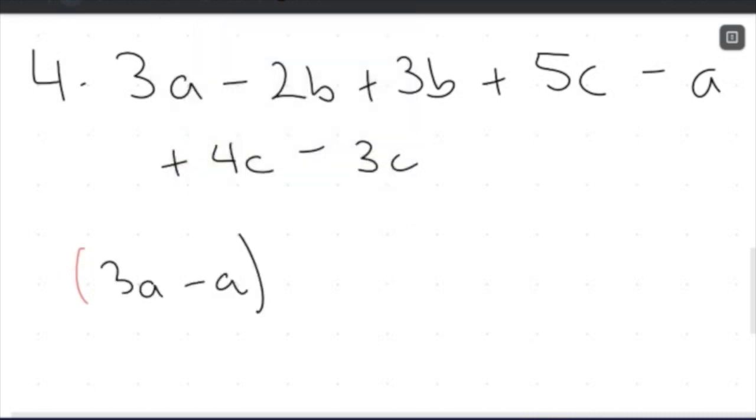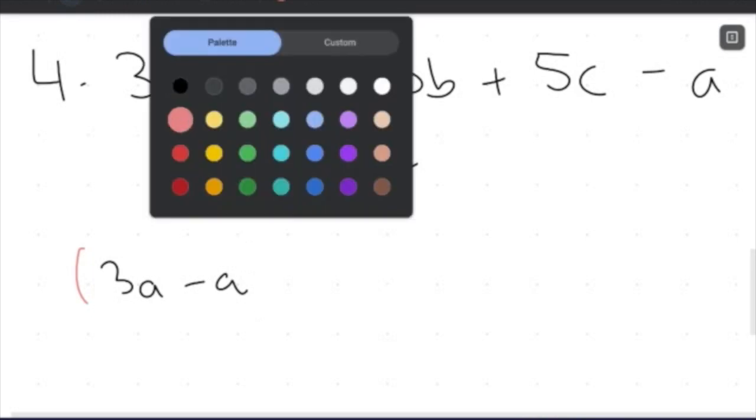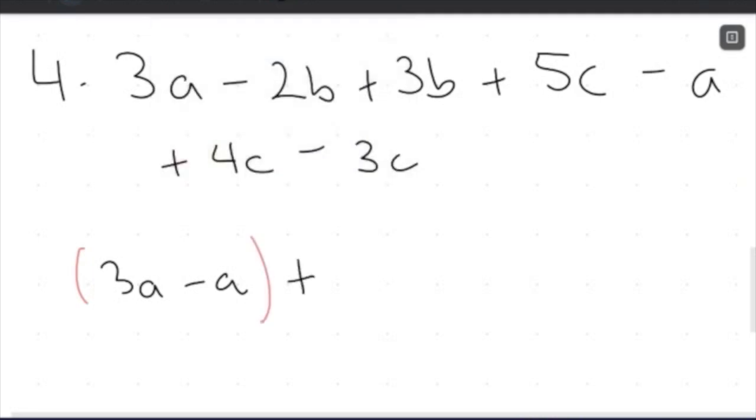And then I have here, and the order doesn't matter either. Sorry, I'm being a bit fussy with the colors. But for example, to make this easier, I can just treat this as 3b minus 2b.